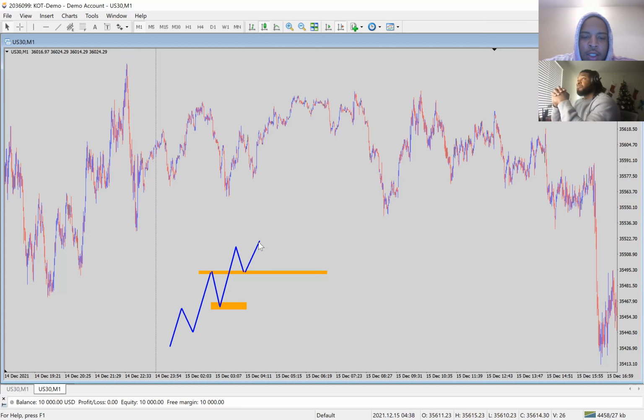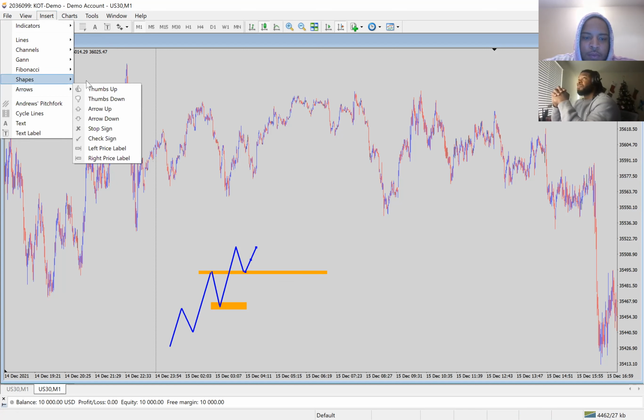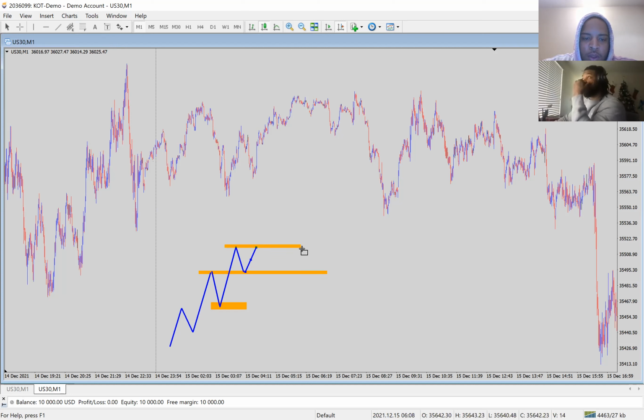But another thing is, if we just broke through the higher high, right? Created a new higher high, went back to retest this higher high, right? And now we're pushing up and it doesn't break through this higher high. Let me highlight it. That's pretty much creating a double top.